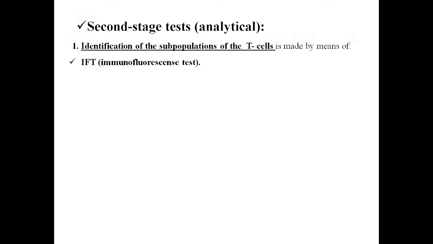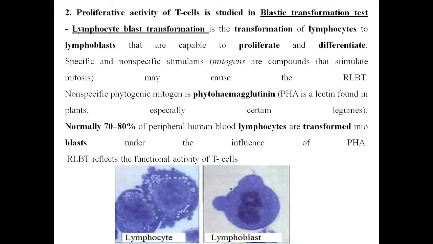Second stage tests. The first one is used for identification of subpopulations of T cells: T helpers, T killers or T suppressors. It is made by the immunofluorescence test. I will explain this mechanism next lecture, so you should just memorize immunofluorescence test.